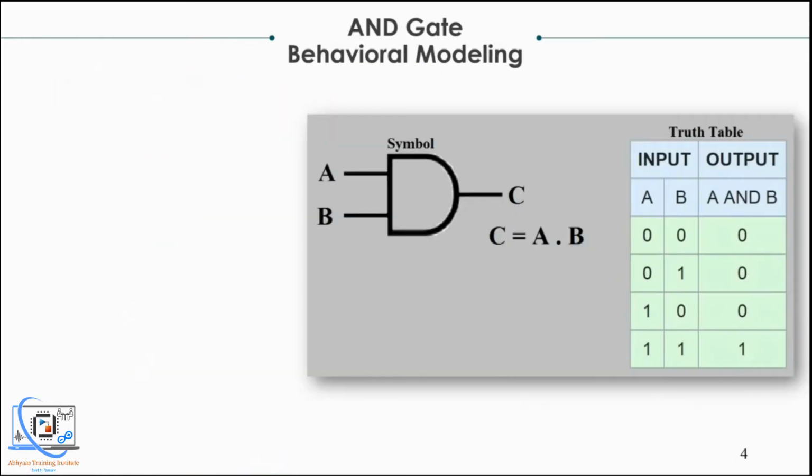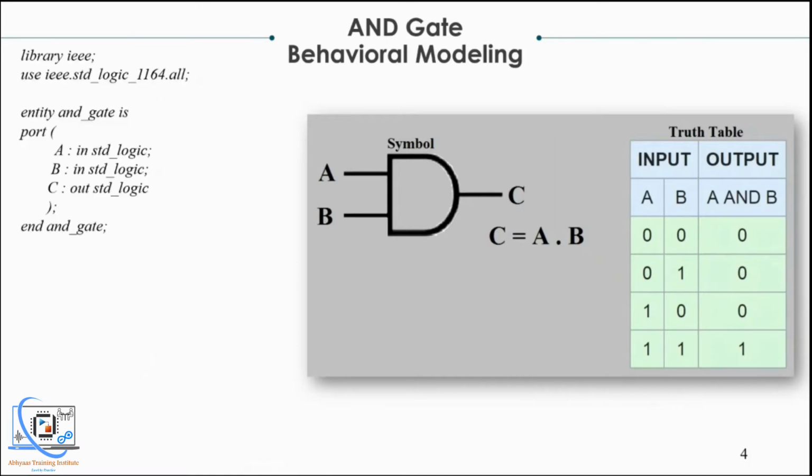Now we will see the same logic gate with the behavioral modeling. The entity declaration is the same. We are calling the library and then the package. We are defining the entity, A and B are the input ports and C is the output port. Architecture behavioral of AND_gate is. This time I used the architecture name as behavioral. We are starting, and this time we are using a process because we are using behavioral modeling.